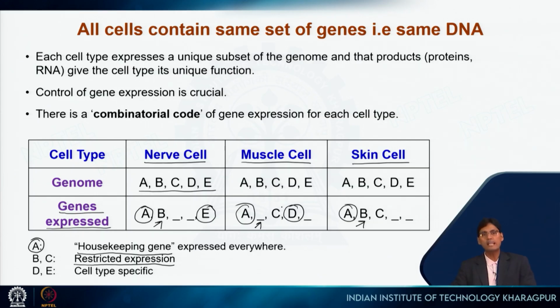Although we are saying just E in nerve cell, we might have many other genes that are specific to nerve cell. But this is a very simplistic view of this combinatorial code of gene expression, and therefore you can understand how it can determine different types of cells with their specific function.